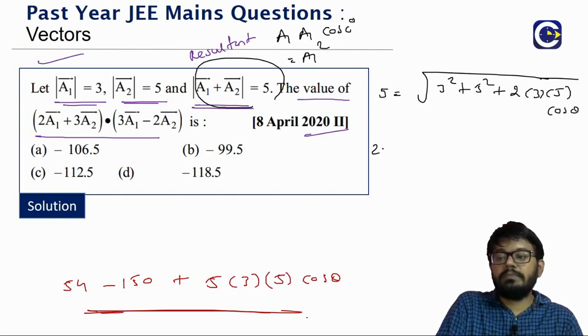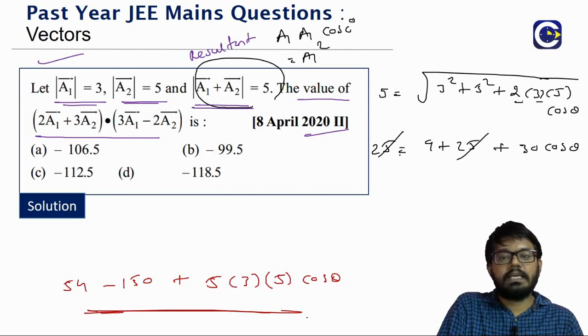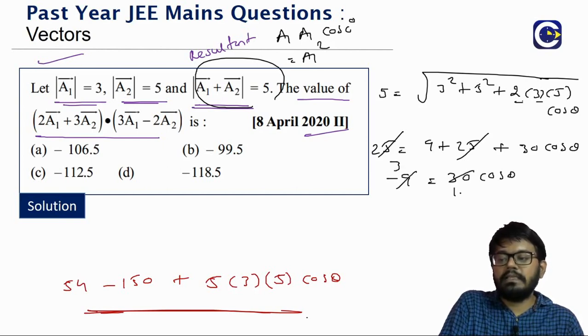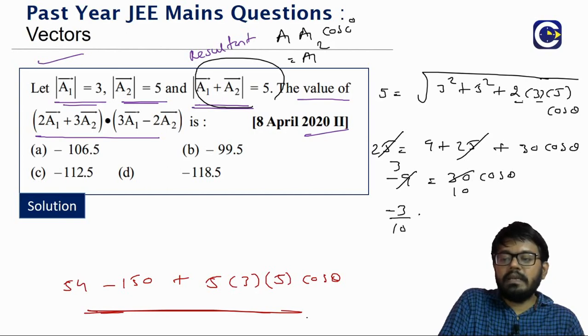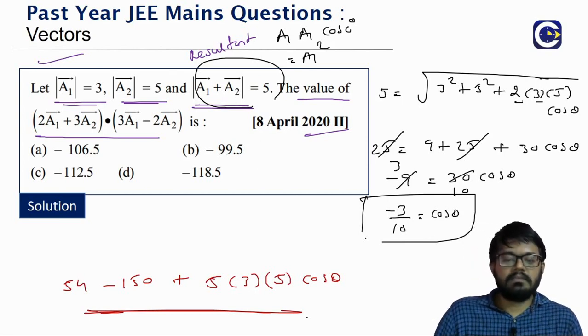Squaring both sides, the left side is 25, equal to 9 plus 25, plus 30 cos theta. 25 and 25 cancel. Bring the 9 to this side: minus 9 is equal to 30 cos theta. So cos theta is minus 3 by 10.